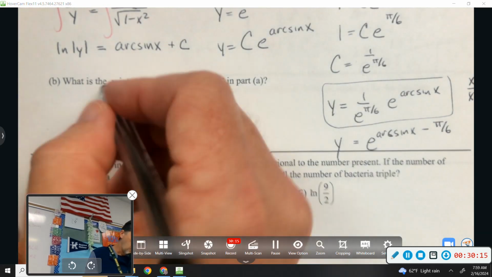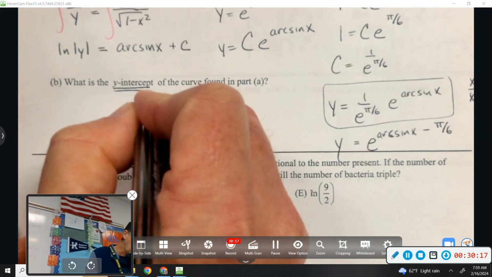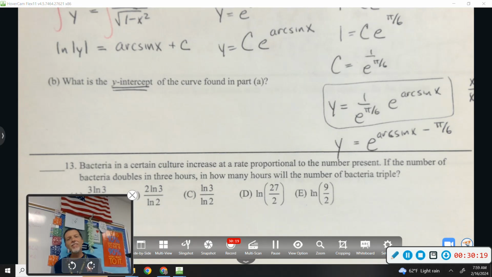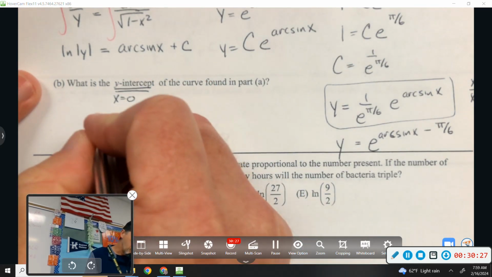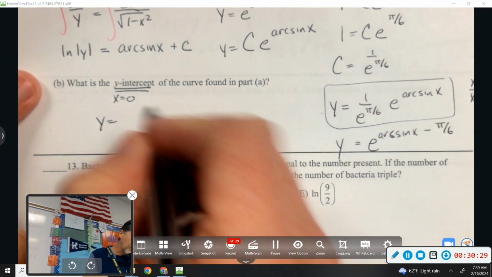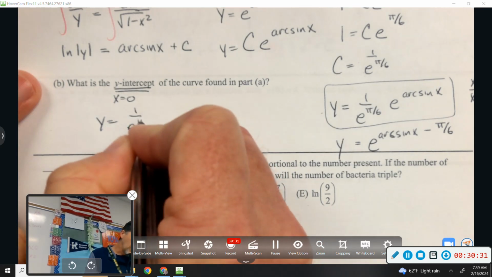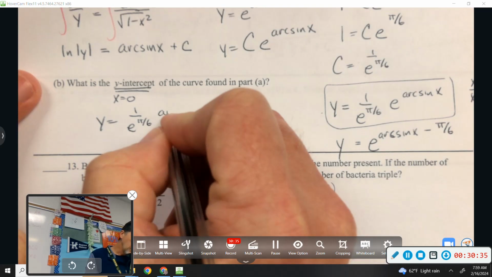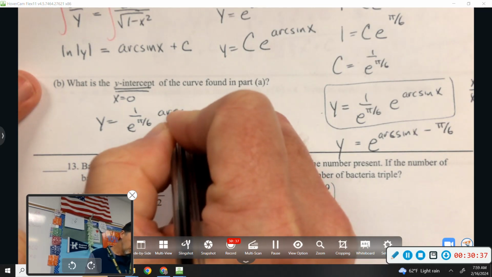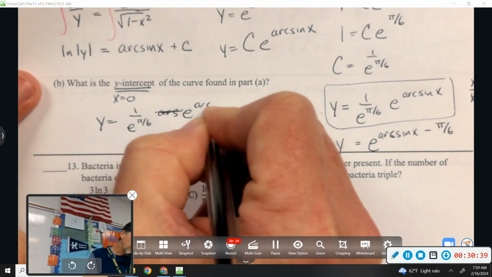All right, lastly, what's the y-intercept? Hey, algebra friends, how do we find the y-intercept? Set x equal to 0. So I'm going to go with my first go with this thing. Oops, e to the arcsine of 0.